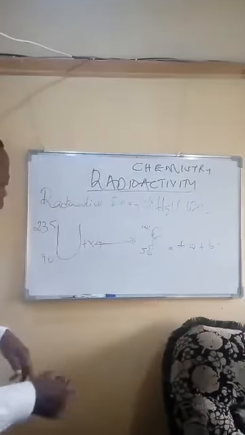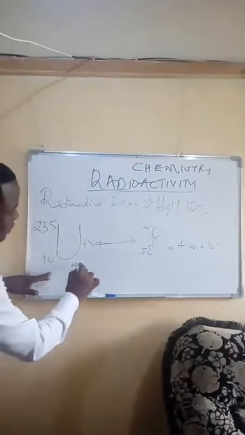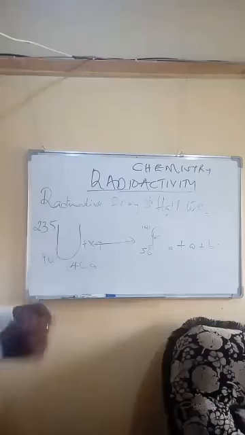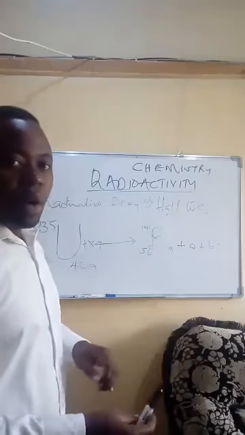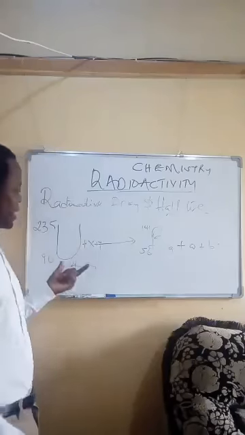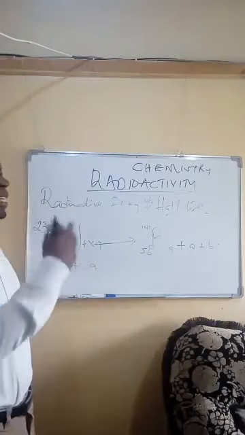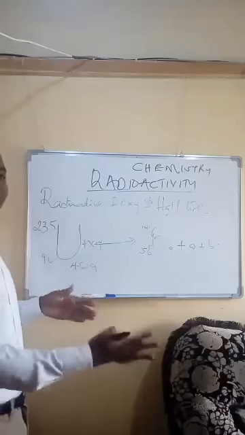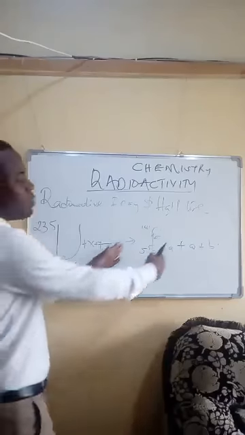At the beginning, we could have 40 grams of the first substance here. But as the decay continues, we're going to have less of this one and more of this.